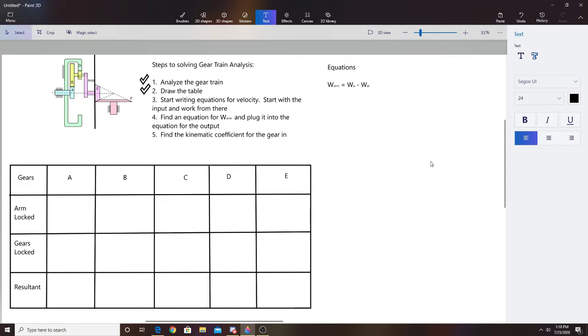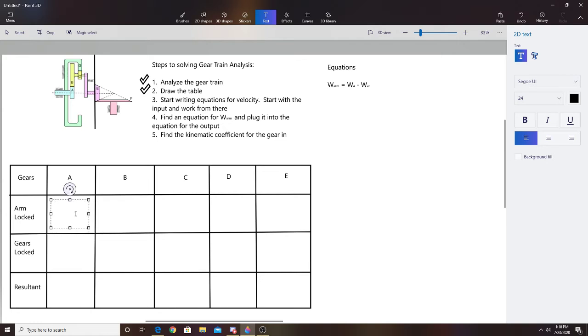So W arm is equal to WA minus WAR. Remember, that is that beginning equation, right? And so, with the arm locked, if you recall, because the arm is locked in the first one, this goes to 0. You move this to the other side. WA is equal to WAR. So that is our first one.